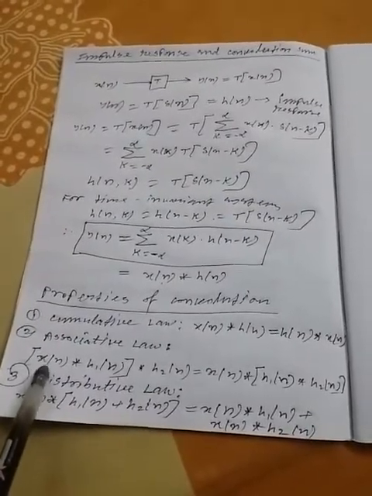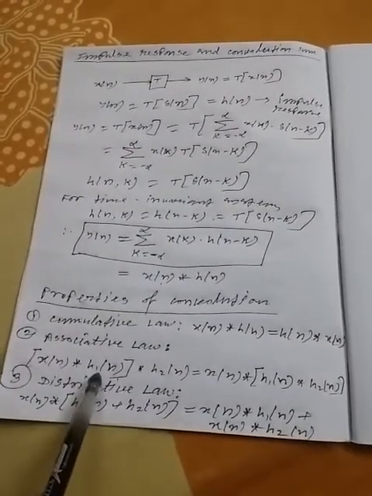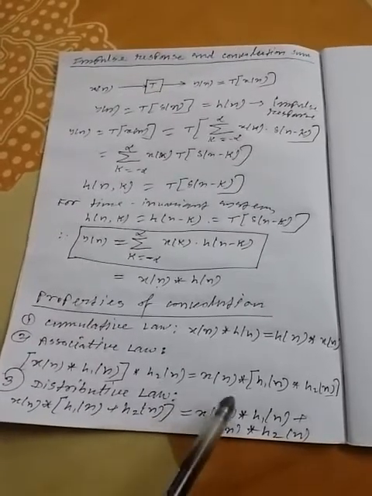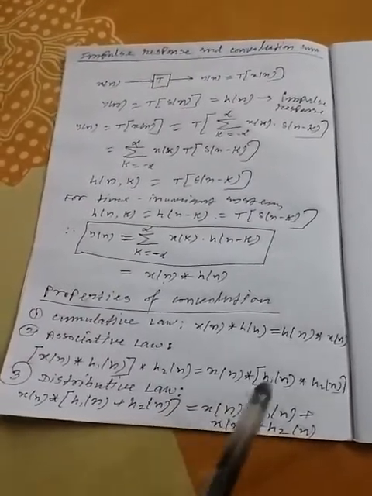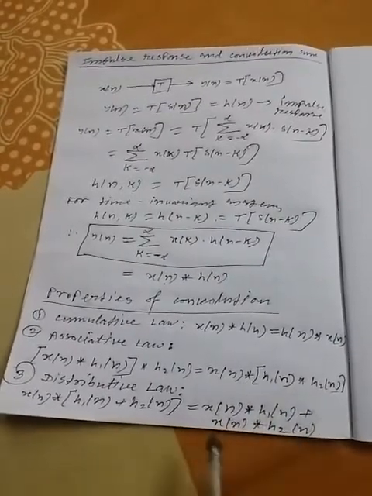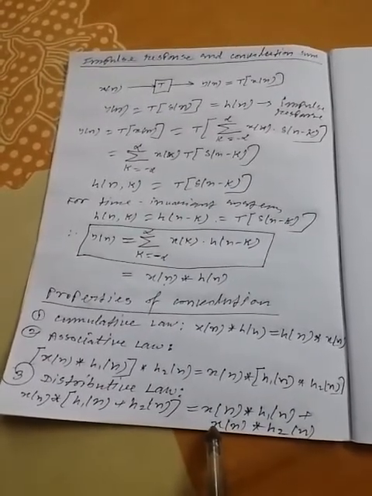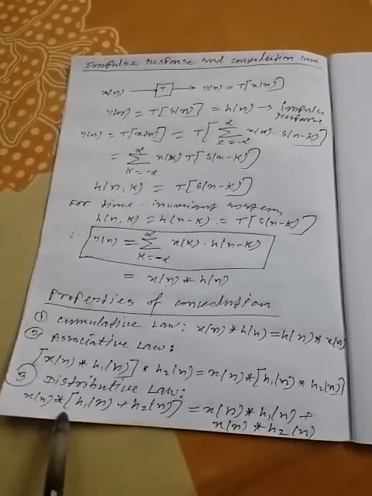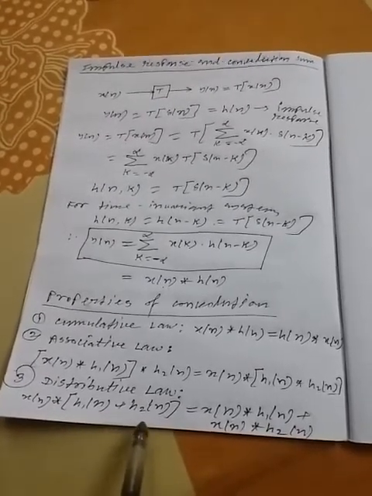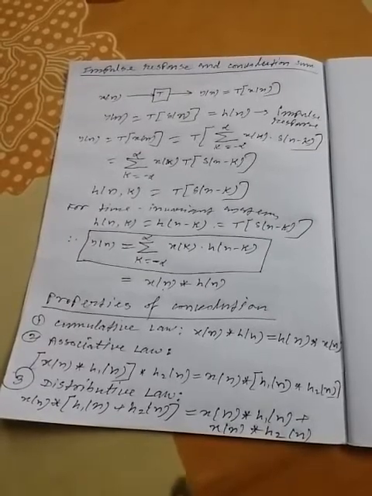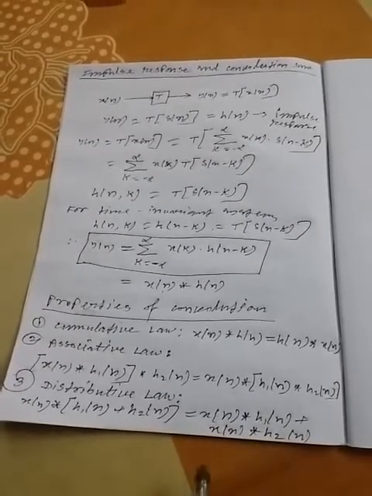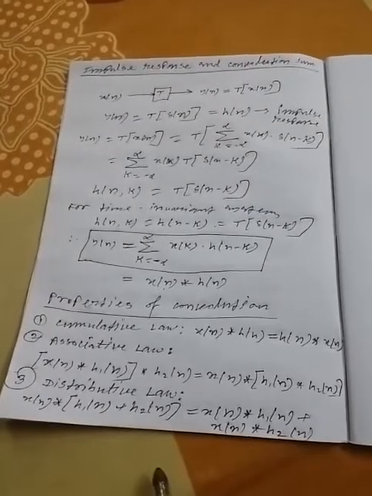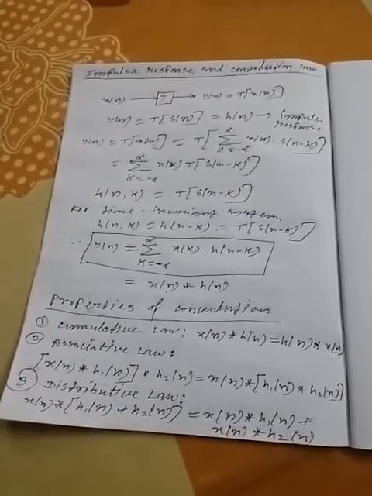Then x[n] convolution h1[n], whole convolution h2[n], equals x[n] convolution, h1[n] convolution h2[n]. Now distributive law: x[n] convolution, h1[n] plus h2[n], equals x[n] convolution h1[n] plus x[n] convolution h2[n]. So this is distributive law.